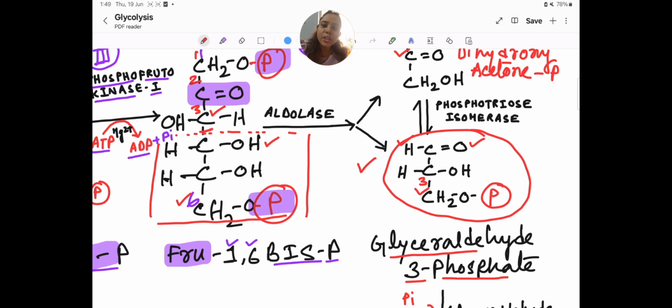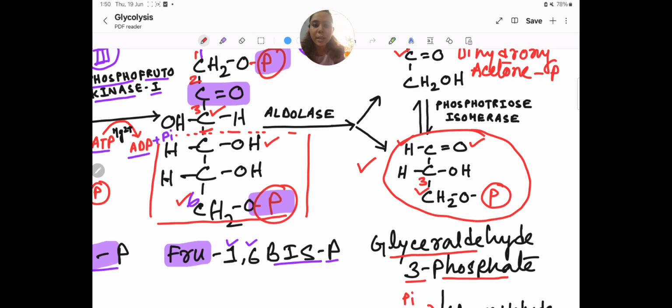Glycerol is CH2OH, CHOH, CH2OH, and glyceraldehyde 3-phosphate is similar, only its first carbon is an aldehyde, that is why it is glyceraldehyde, and it also has a phosphate, so glyceraldehyde 3-phosphate.